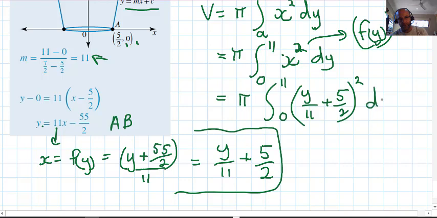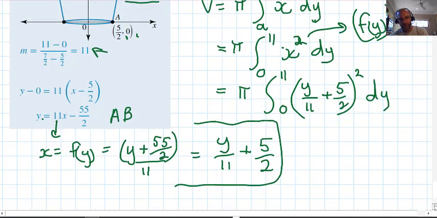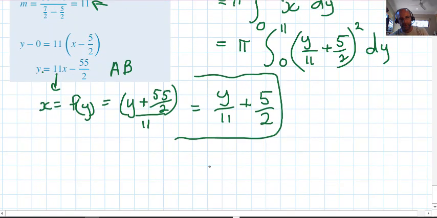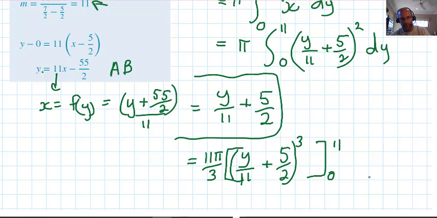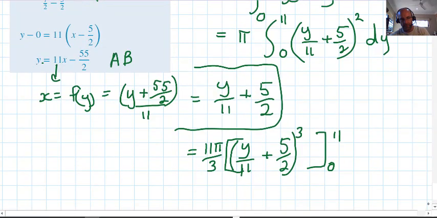dy. We can continue down below here, and basically using a form of integration we've learnt, we can get the following, and then we make the substitutions in and evaluate.